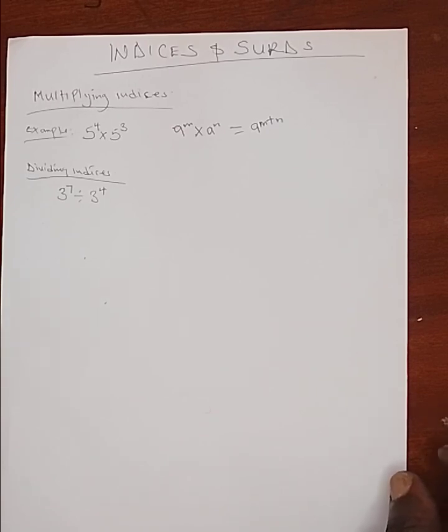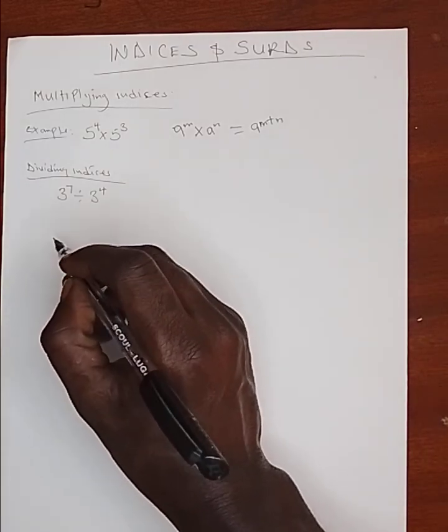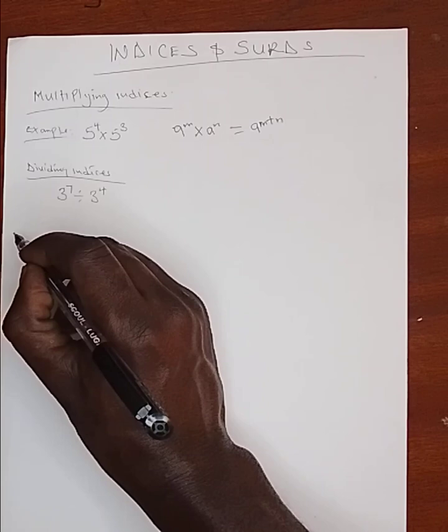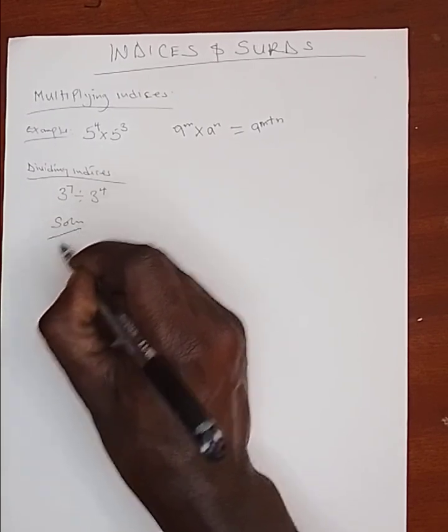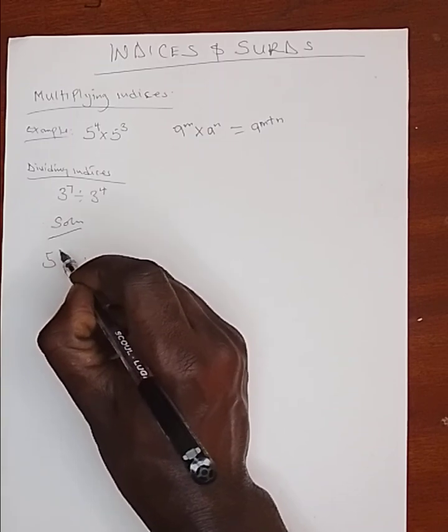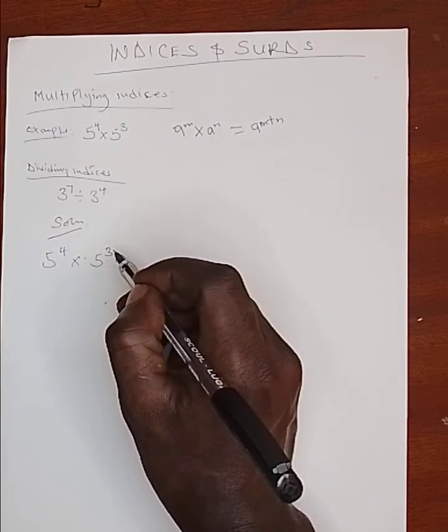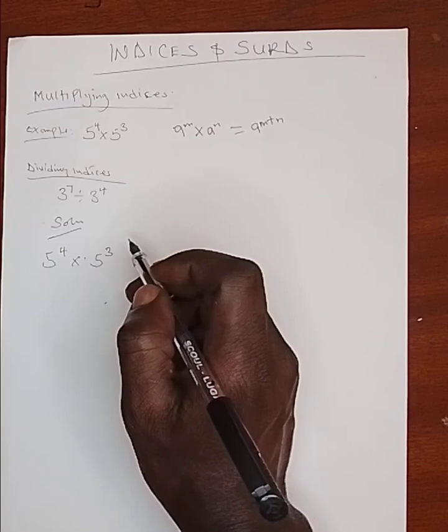So now let's go straight and multiply our equation. Equation 1: we have 5 power 4 times 5 power 3. Now what are we going to do?